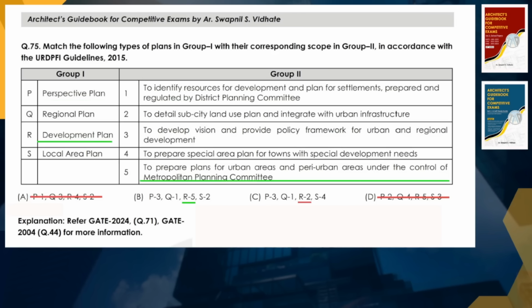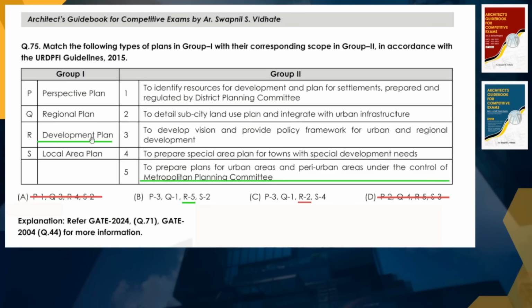Then next, development plan. What does development plan mean? It is correctly described at serial number 5. Development plan includes preparation of plans for urban areas and peri-urban areas under the control of Metropolitan Planning Committee. Now, if you see option C, they have matched development plan with the description mentioned at serial number 2 here, right?